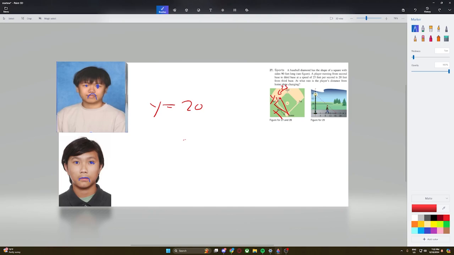We can make a triangle like this. You could make a bigger triangle and do some random X minus whatever, but I don't want to do that. So Y equals 20, and we can use the hypotenuse. 20 squared plus 90 squared equals h squared. We can find the hypotenuse right now.